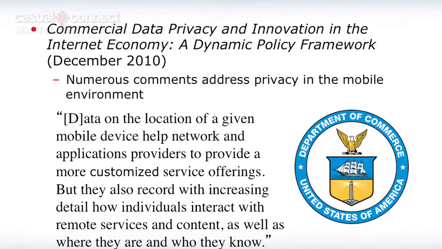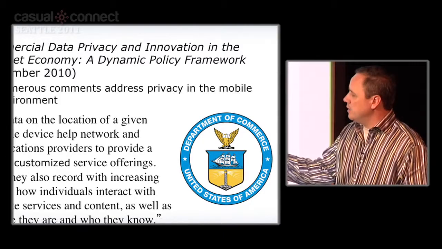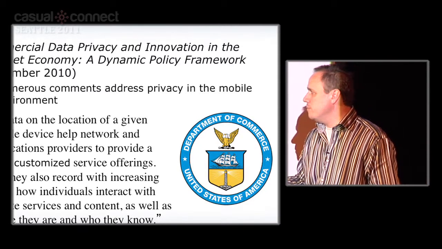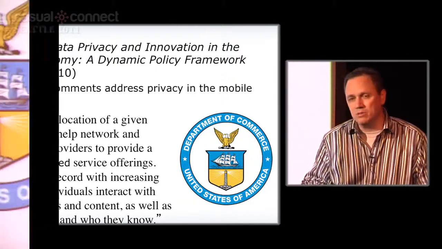And then lastly here, we got the United States Department of Commerce, which has also been very active in this. In particular, the quote I have up here is that they're concerned about location information and the use of location information from your phone, which obviously has some very valuable uses, particularly emergency uses.